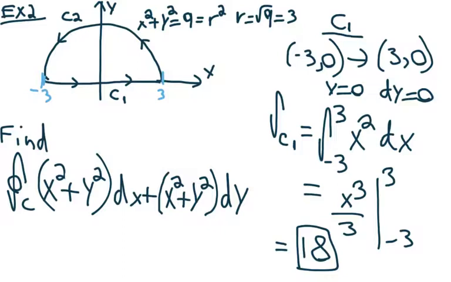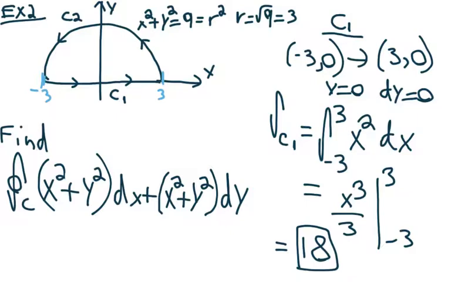So if we look at our F, which was x squared plus y squared times dx plus x squared plus y squared times dy at the bottom, well, our y is 0 and our dy is 0. So the line integral for C1 is simply going to be the line integral from minus 3 to 3 of x squared dx, which gives us an answer of 18.